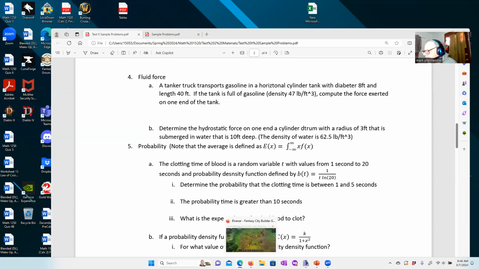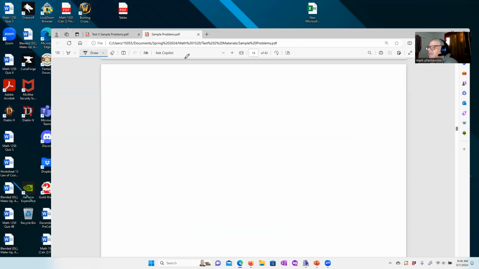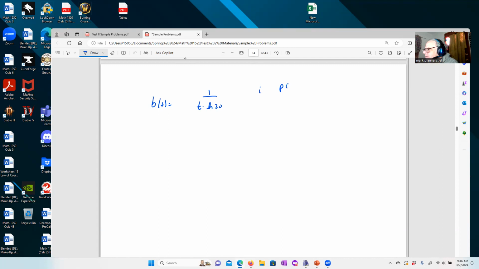So let's go ahead and deal with that. I'm just going to write down the problem. f of t is equal to 1 over t times ln 20. We want to know the probability that it's between 1 and 5 seconds.